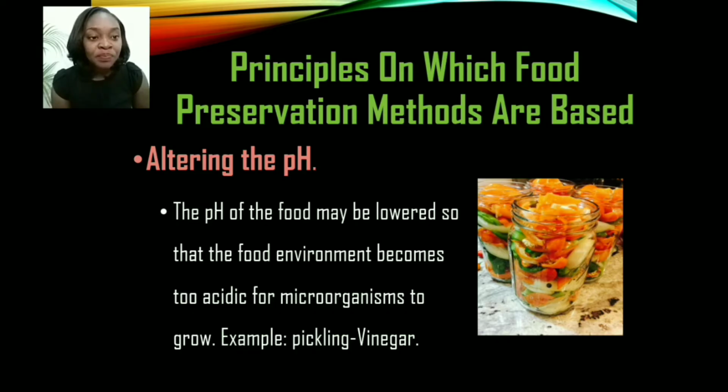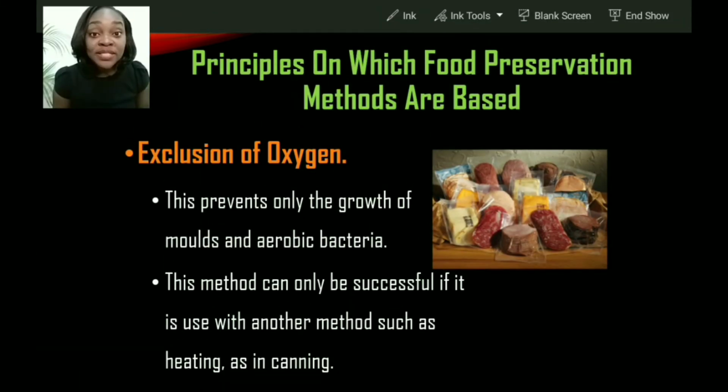For example, pickling, and the acid that is used there is the vinegar. Can you think of some of the products that are pickled, right? And here we have a nice example of pickled peppers.